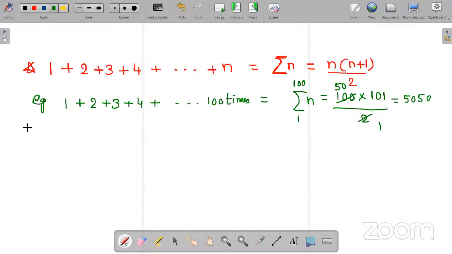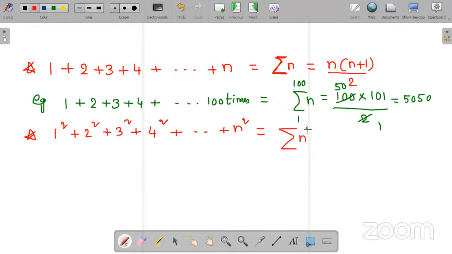I'll give one more question now. One more important point. For example, you are asked 1 square plus 2 square plus 3 square plus 4 square and so on, n square. This is called the sum of the squares of the first n natural numbers, denoted by sigma n square.